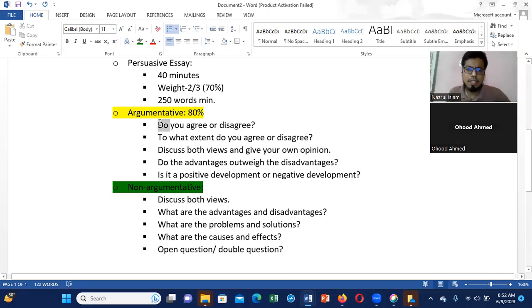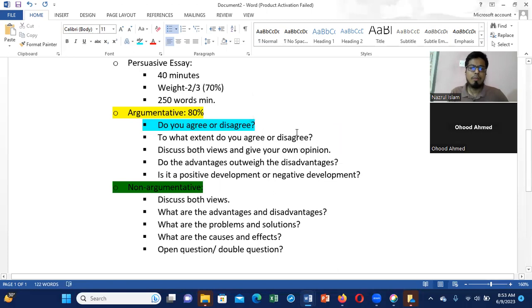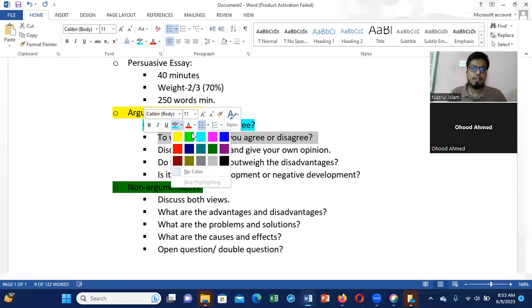Now I have a question for you. Could you please tell me the difference between these two? Have you observed? Do you agree or disagree? My question is, what is the difference between the first one and the second one? Have you ever thought about it?